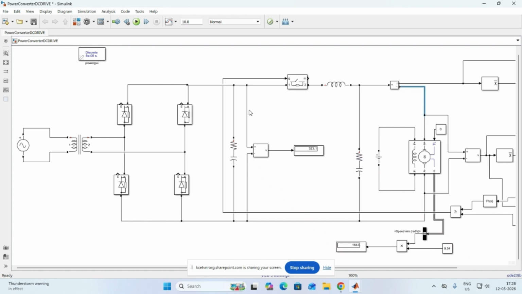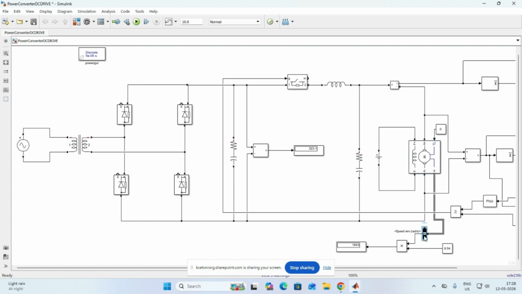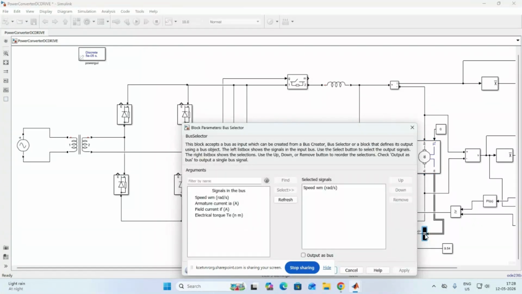We have given the output of type A DC chopper to the armature of this motor. These are load terminal and measurement block. Here we have measured the parameters with the help of bus selector. You can select various parameters, but I am selecting speed in radians per second.